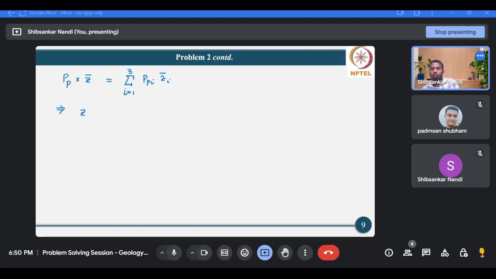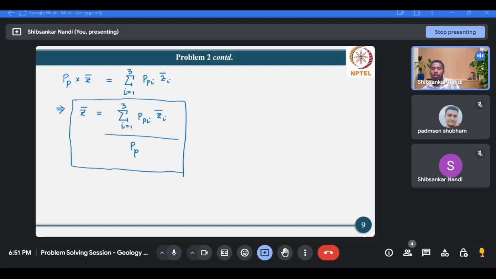Therefore Z bar will be summation of I equals 1 to 3 PPI Z bar I divided by PP. If you calculate this equation, obviously after substituting the respective values, you will get the line of action of PP from the base of the wall.